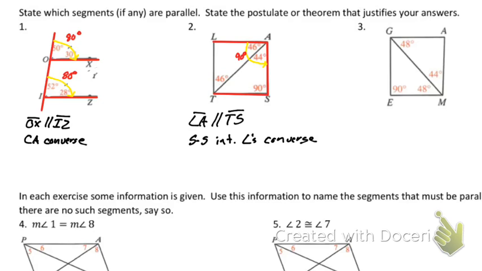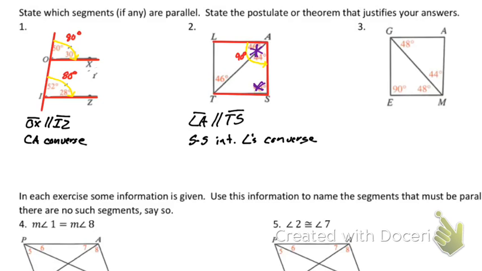All right, number 3. How do we figure out that LA and TS were parallel? Because we came up with this angle here equaling 90, and this angle here equaled 90. If you look at those two different angles, those are definitely same side interior, right?